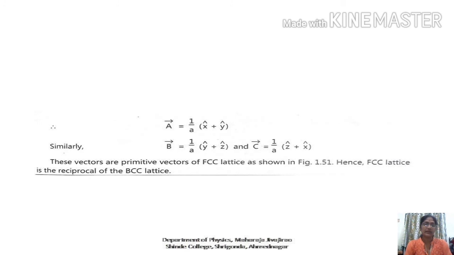These values are nothing but the primitive vectors of FCC lattice. Hence, one can say that FCC lattice is the reciprocal of BCC lattice.